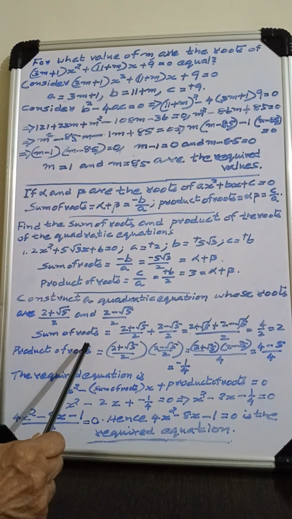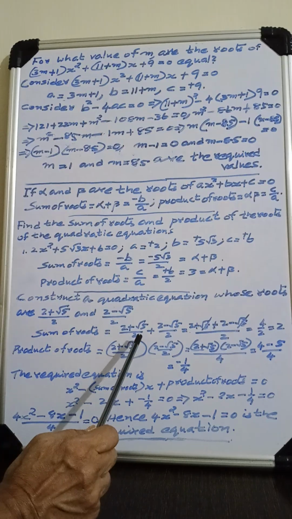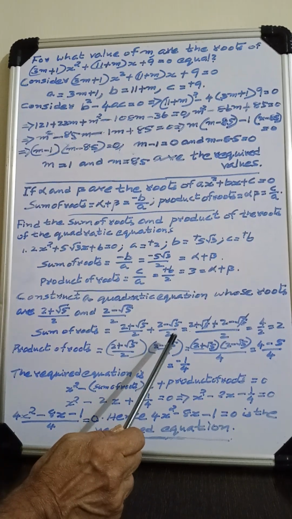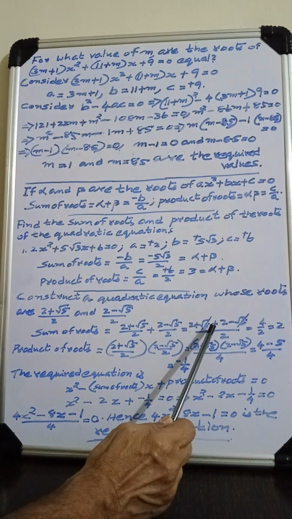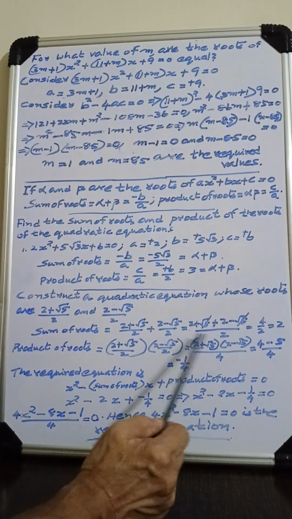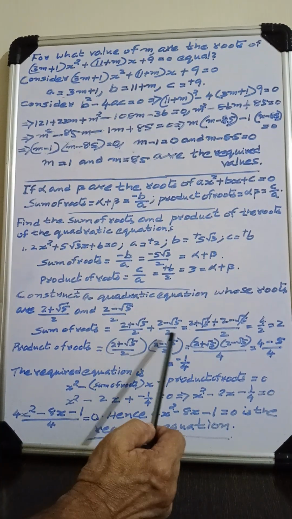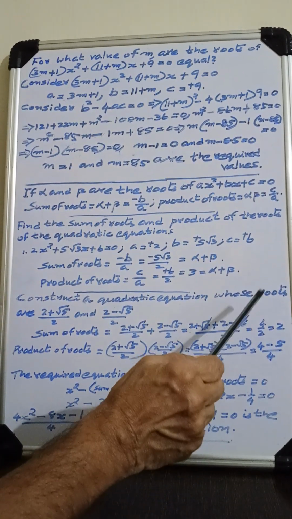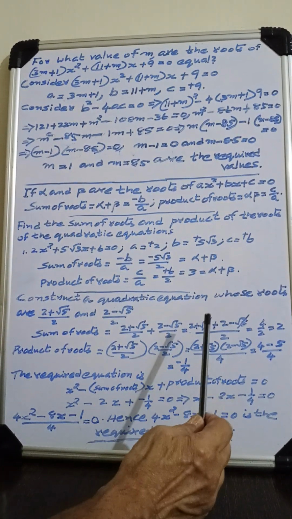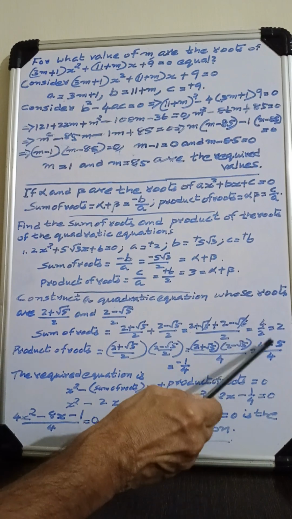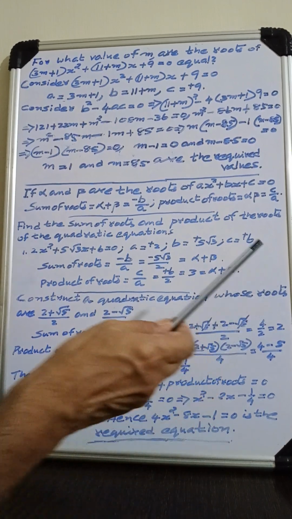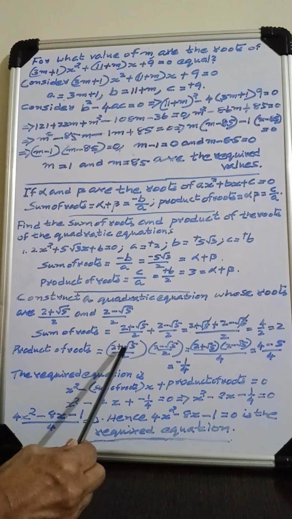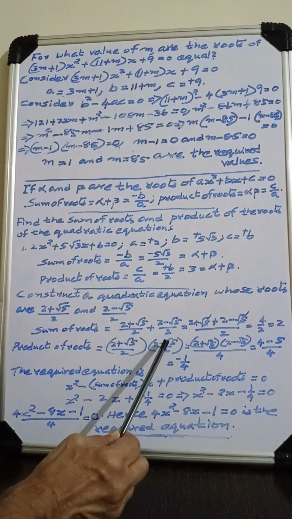Sum of the roots equals (2 plus root 5) by 2 plus (2 minus root 5) by 2. The denominators are the same, therefore plus root 5 and minus root 5 cancel. Therefore 2 plus 2, 4 by 2 gives 2. Product of roots equals (2 plus root 5) by 2 into (2 minus root 5) by 2.